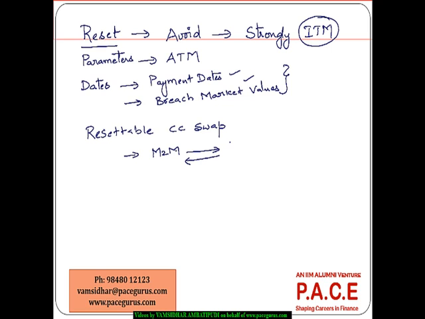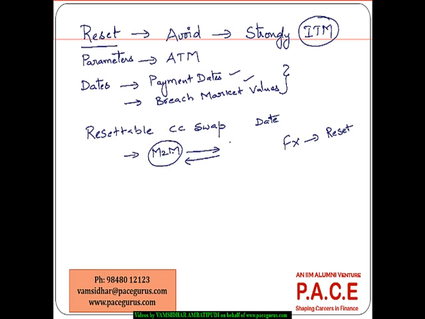Whatever is the mark to market value on the reset date, it is exchanged between the two parties. And because it is already exchanged, the new forex rate is reset to the current spot.